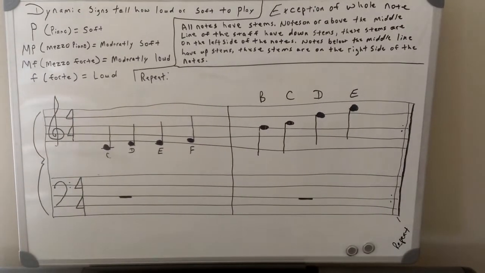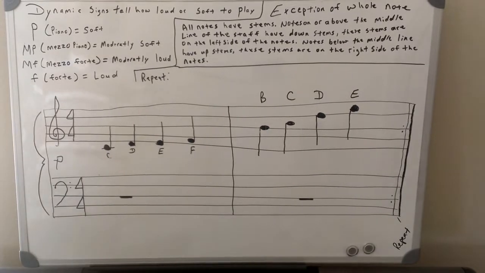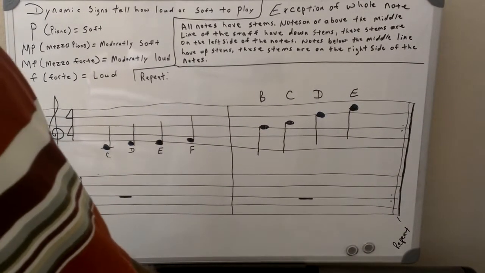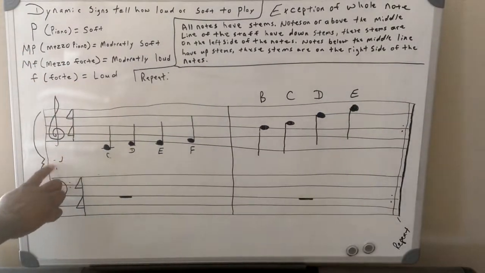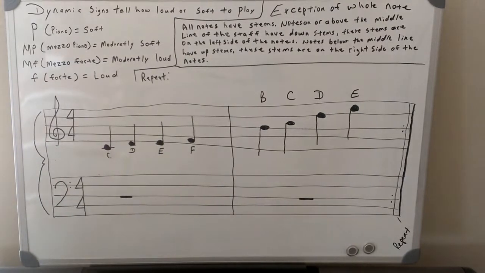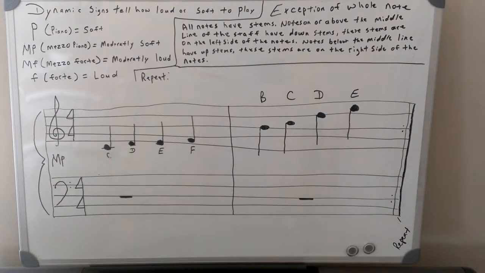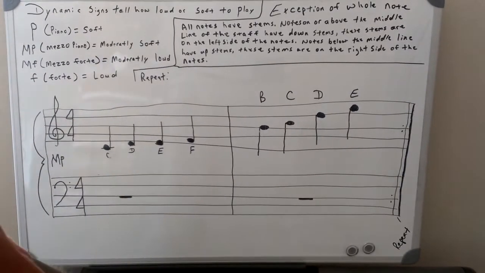So if you're playing this piece and you see a P here, you're going to go soft. Okay? See an MP? What are you going to do? You're going to play it moderately soft.